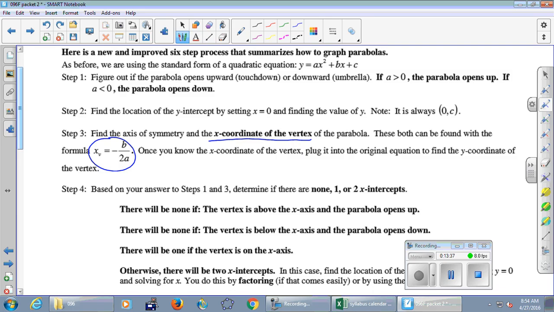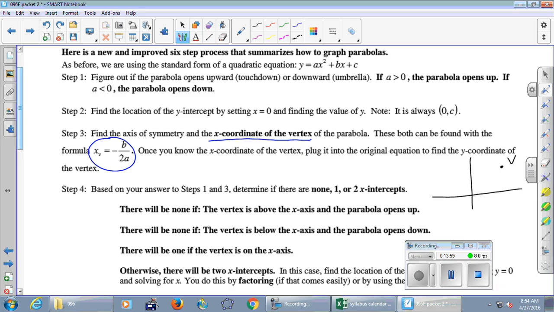Then we are going to determine whether this parabola has 2 x-intercepts, 1 x-intercept, or no x-intercepts, just by looking at the answers to 1 and 3. So imagine that you have determined that your vertex is right here and that the parabola opens up.